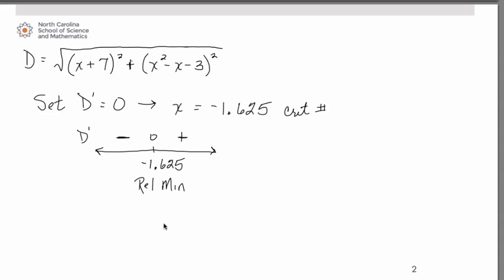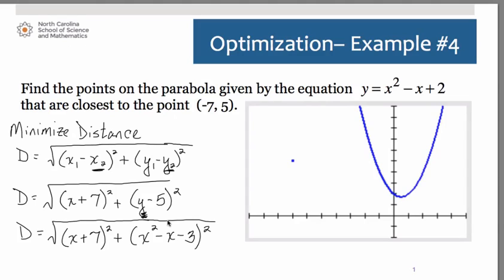We can then answer the question as to what point is going to be the closest. If we go back to the graph, we just figured out it has an x value of negative 1.625, so that would be right around here. So if I trace that up, that's going to hit right around here on the curve. I need to find that y value on the parabola.